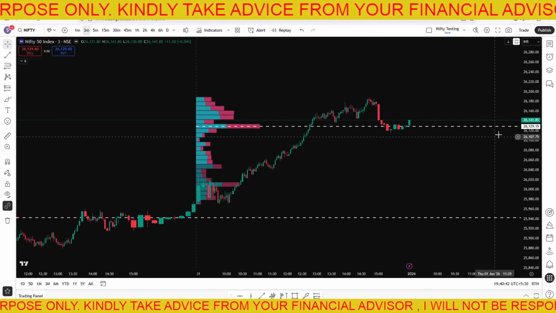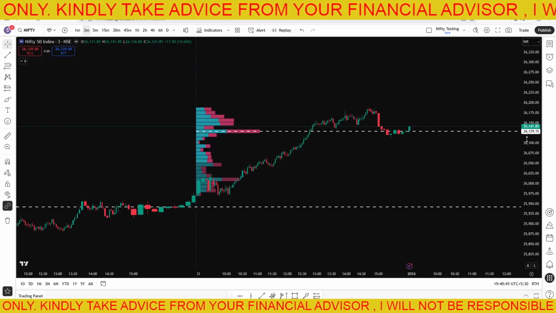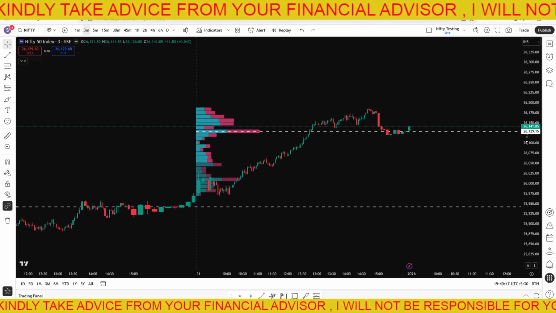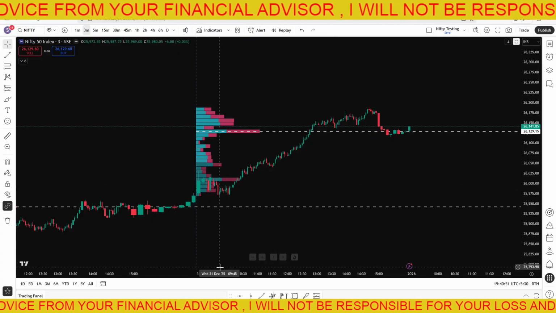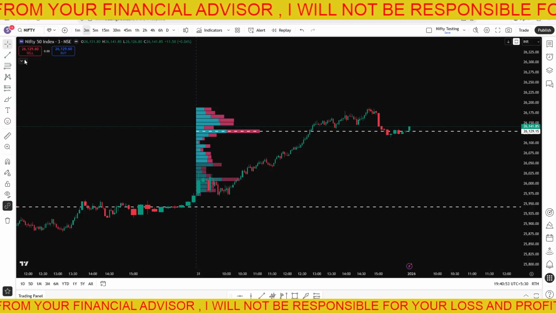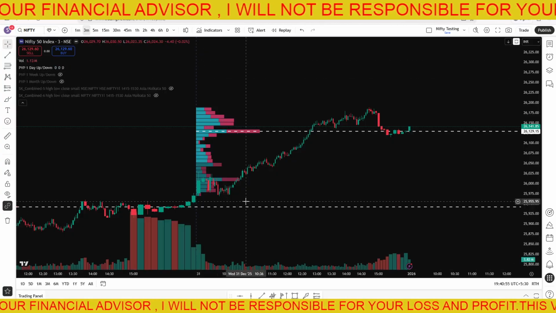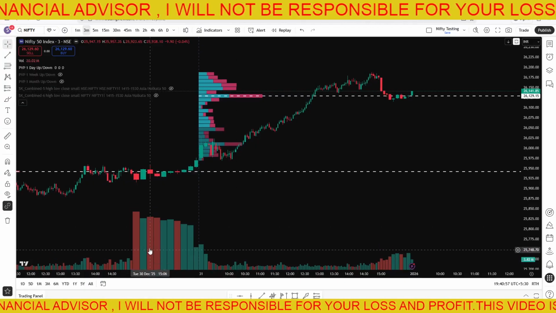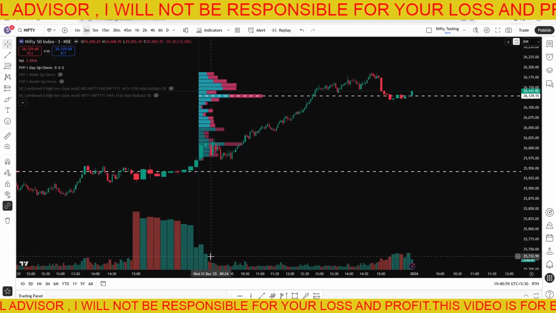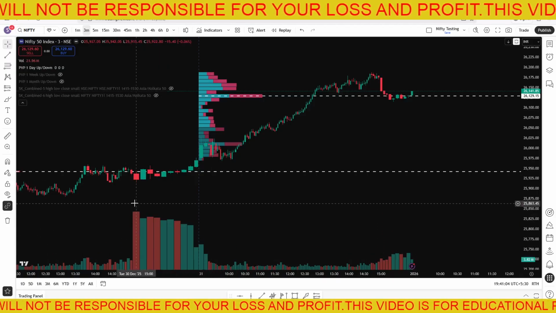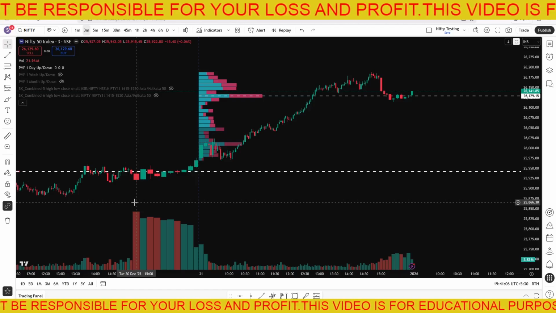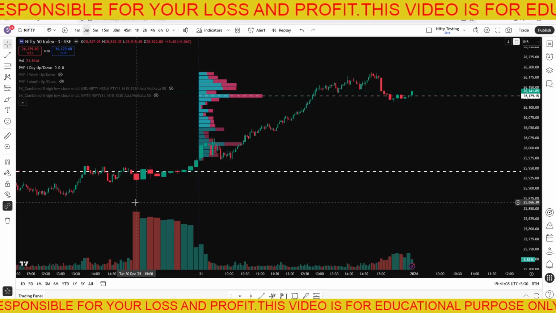So volume profile is a representation of your vertical volume. Your vertical volume is plotted here, right, at below. But it just shows at what particular time how much volume was traded, right?